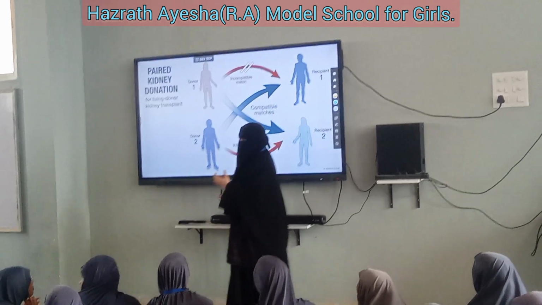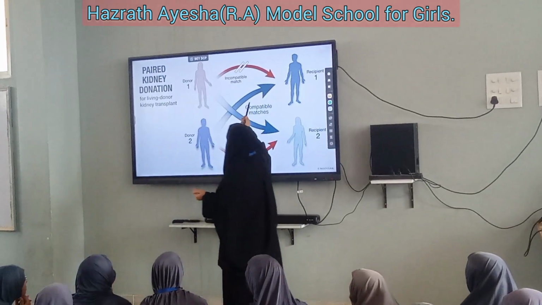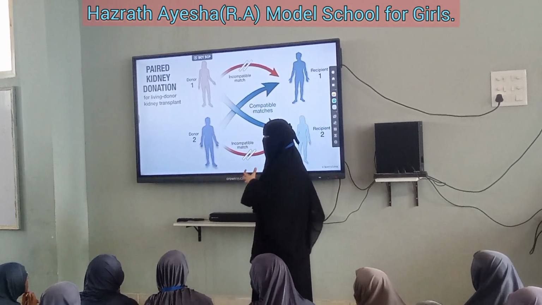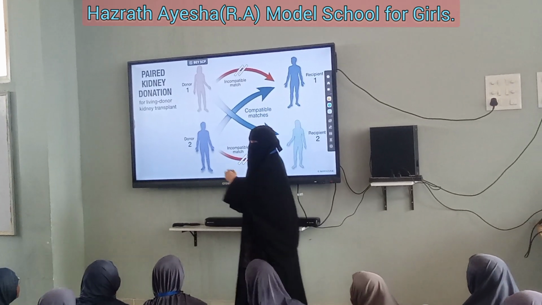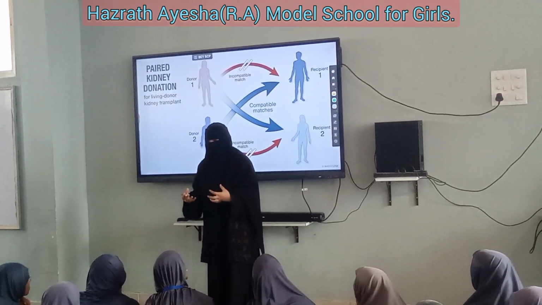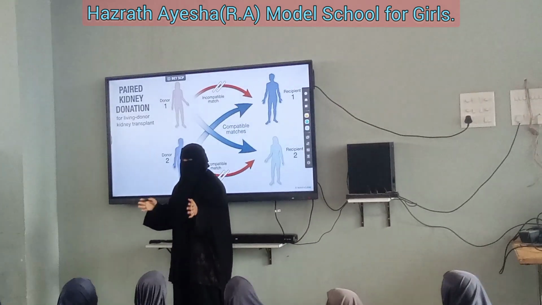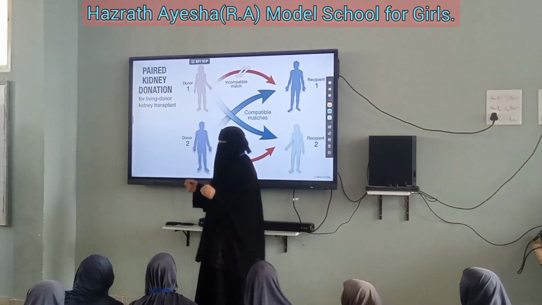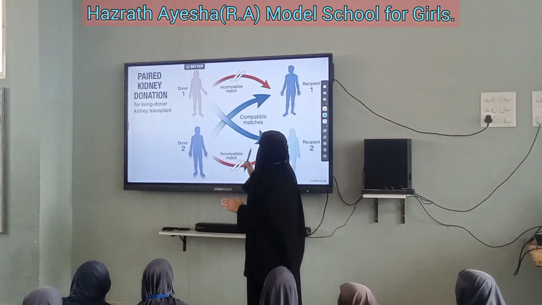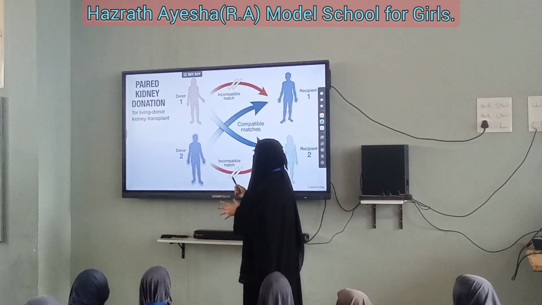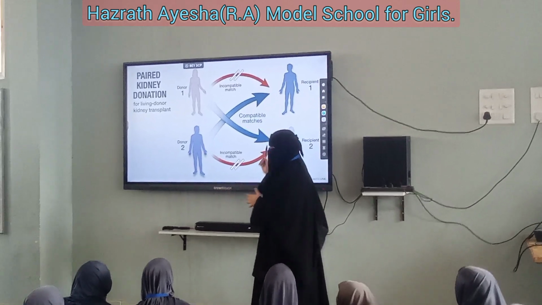Why? What happens if we implant an incompatible kidney? If this type of kidney is implanted into the recipient, the transplantation may fail and the person can die. So to avoid such a condition, it is necessary to find a compatible match for the recipient.